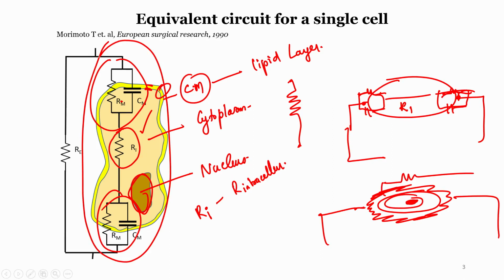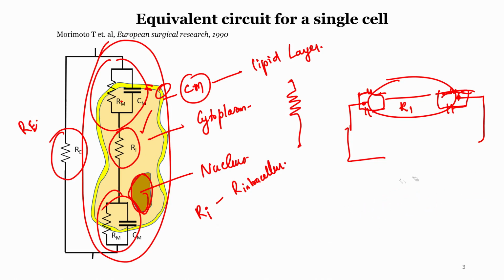So, the effective model of the cell and the RE, what is RE? RE is the resistance of the extracellular matrix. So, RE will come in parallel, because you can see RE is coming in parallel with the effective model of the cell. That will define how a cell and its matrix respond to the electric current. Okay. So, this is the basic equivalent circuit of the cell.